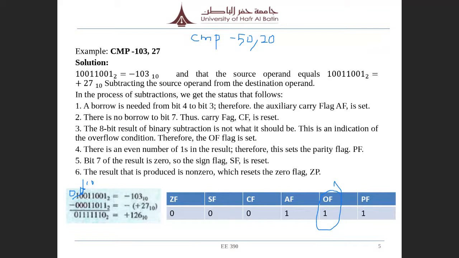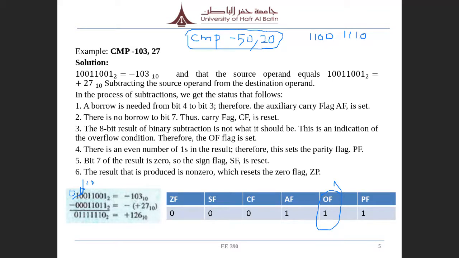Compare minus 50 with 20. First of all, get 50 and then take the twos complement. So minus 50 becomes 1 1 0 0 1 1 1 0.